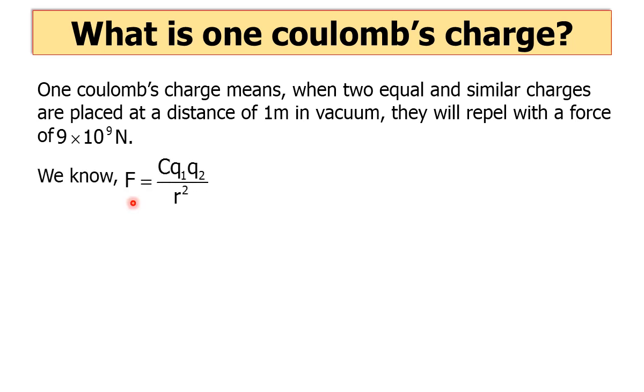We know Coulomb force F equal to C Q1 Q2 divided by R square, and for similar charges we can write Coulomb force F equal to C Q square by R square.